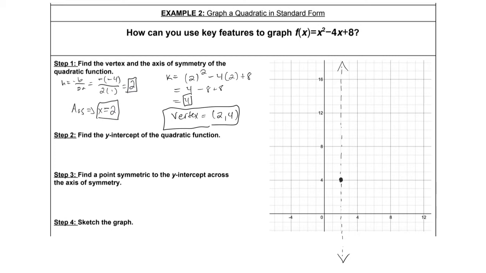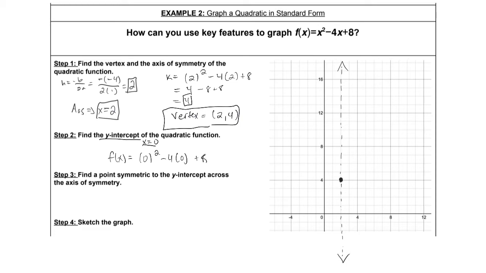Right? So one of the easier points to find when given in standard form is the y-intercept, right? That means x is 0. So that's when x is 0. So the y-intercept is f of x, and we substitute in 0 for all the x's. So 0 squared minus 4 times 0 plus 8.